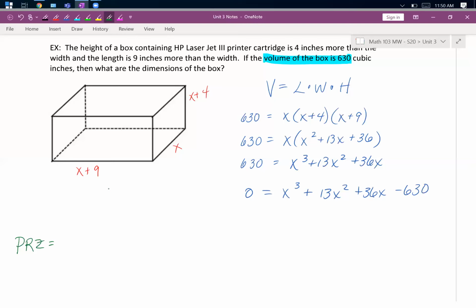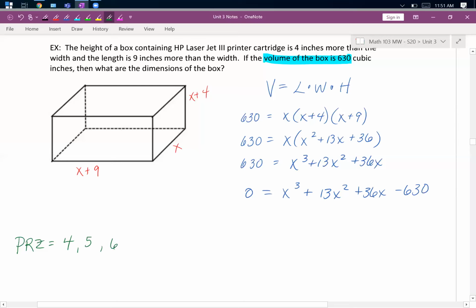So what do you guys want to choose that you think might be a reasonable number for the context of this application? Four, maybe? All right, so let's try 4, maybe 5, maybe 6.